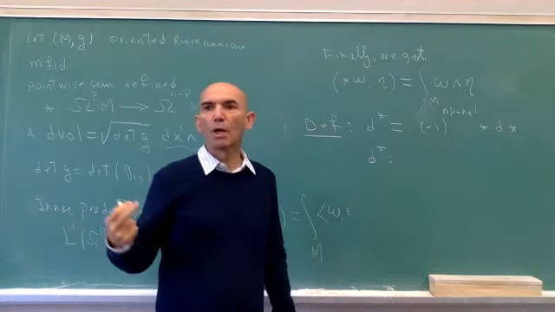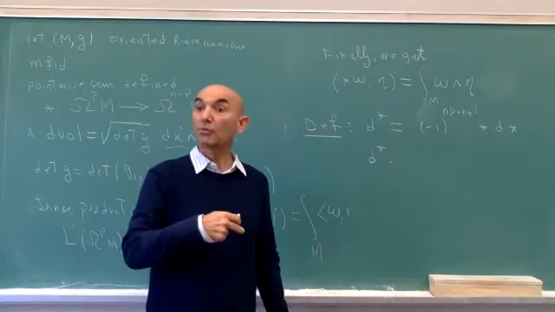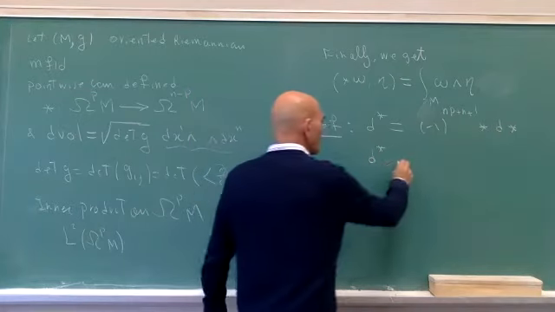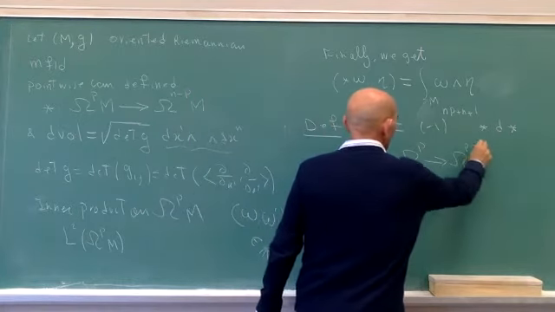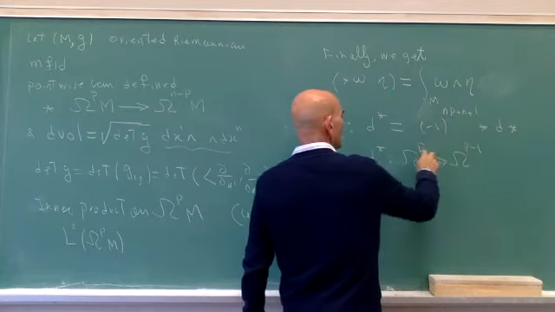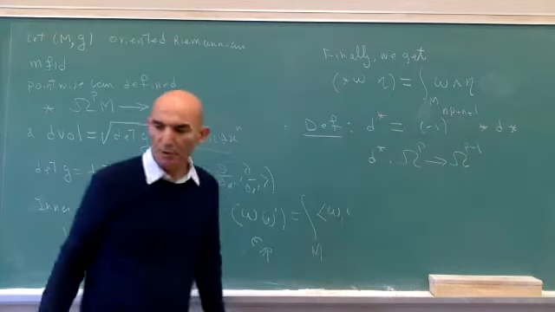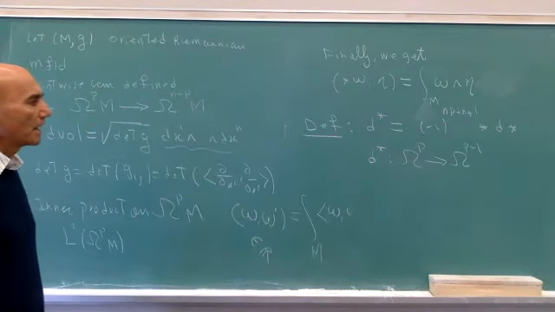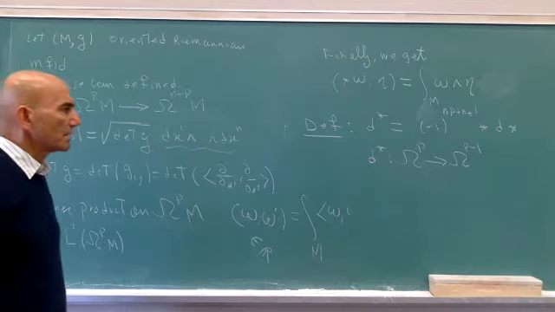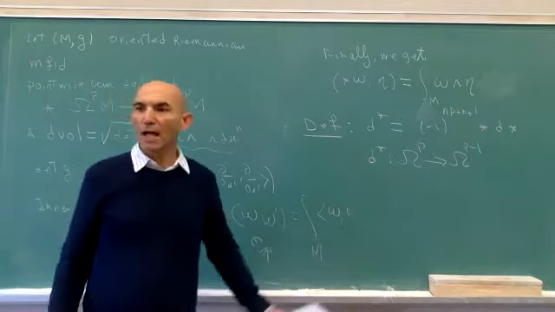This goes from omega p to omega p minus 1. So this goes from omega p to omega p minus 1, and that's this p that appears over there. And the claim is that this is actually the adjoint of D.